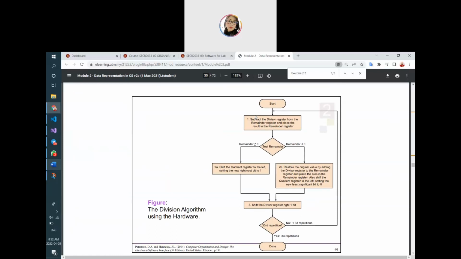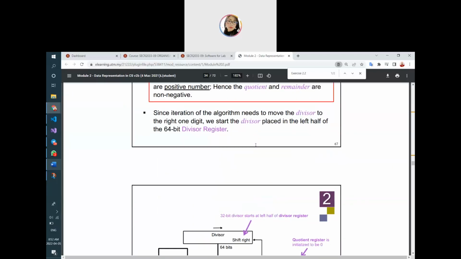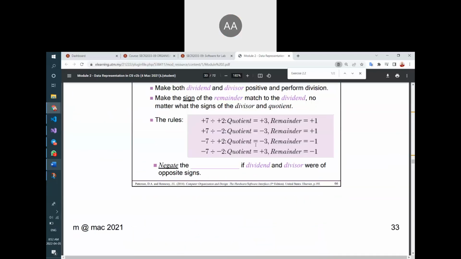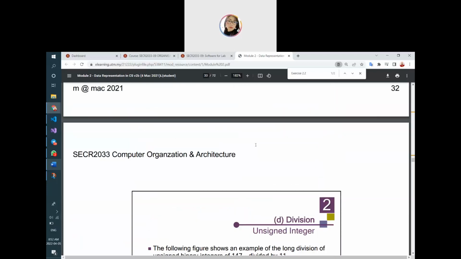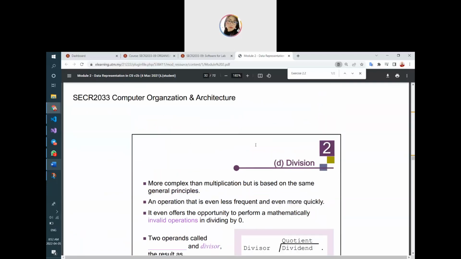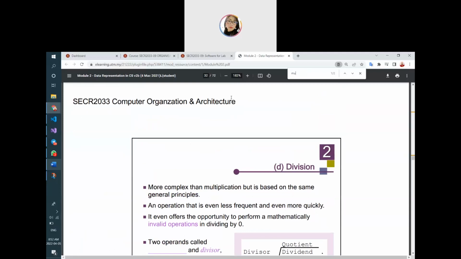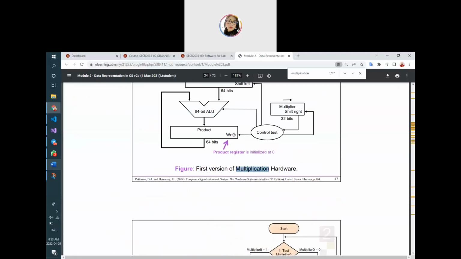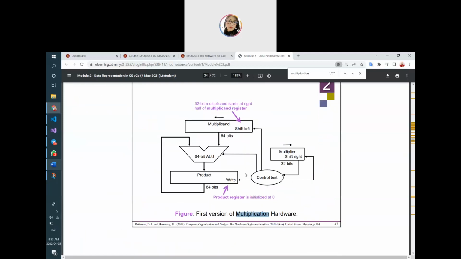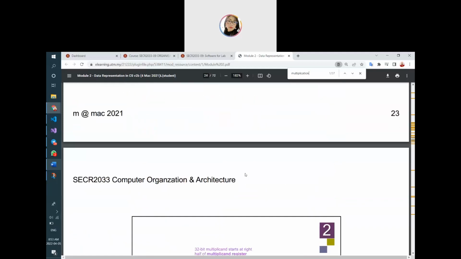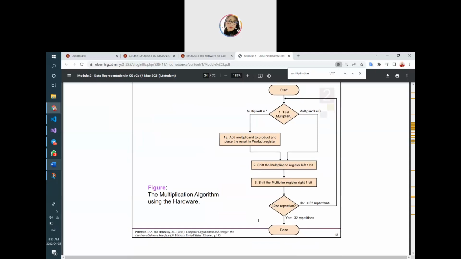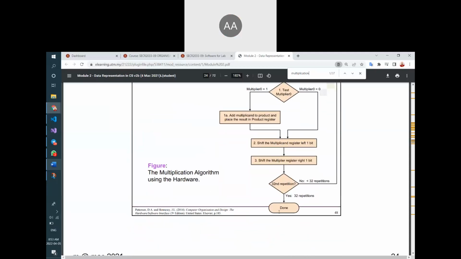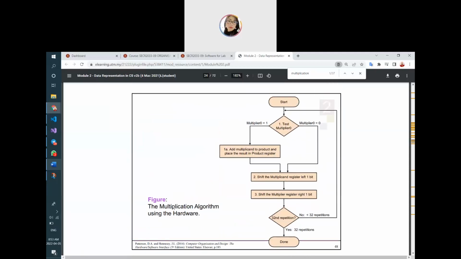No, this one is division. You need multiplication now. Multiplication, yeah. Below, there is the flowchart there. Here? Yes, the multiplication algorithm.